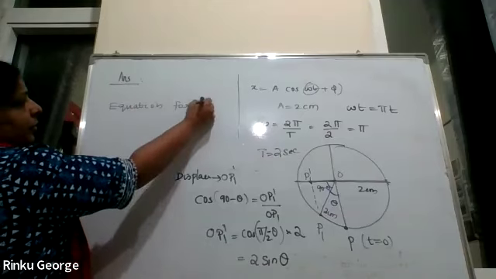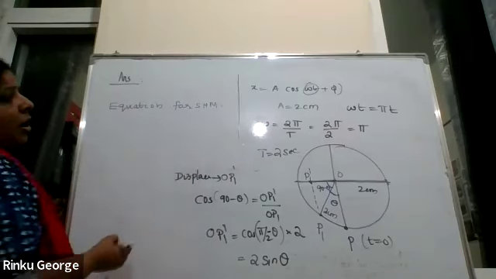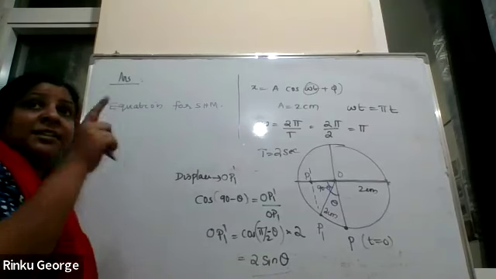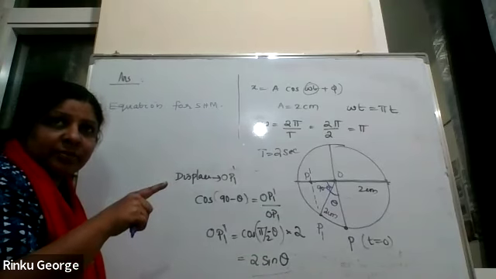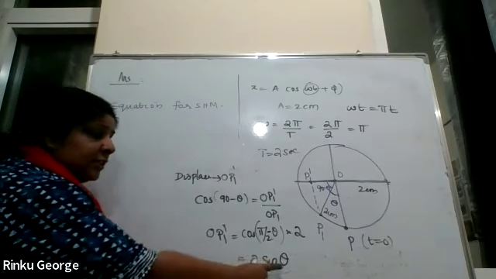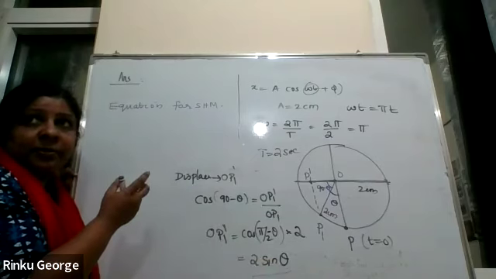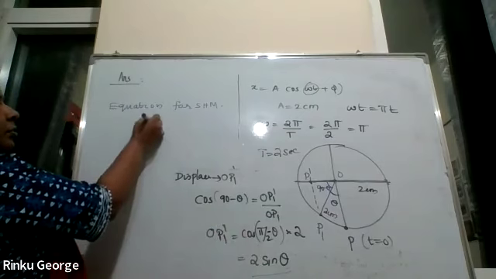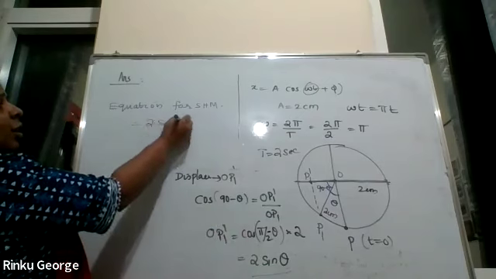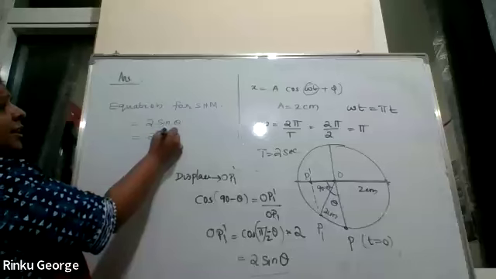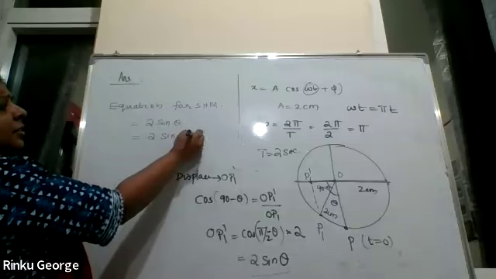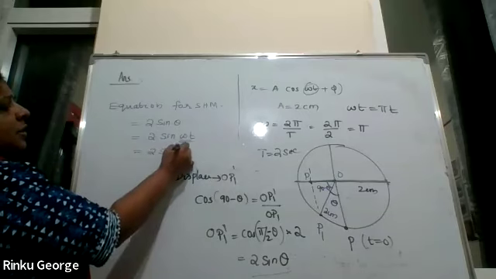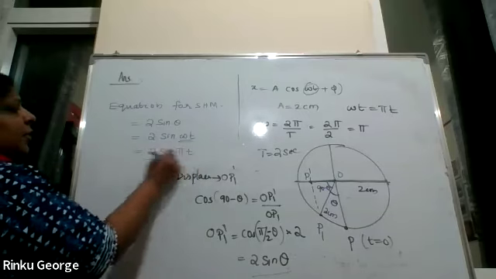This is the displacement. Maximum displacement is 2 centimeter. This is a random value of displacement. So 2 sin theta is the equation. Now, what is theta? Theta is omega t, which is pi t. So 2 sin(pi t) is the final answer, the equation of SHM.